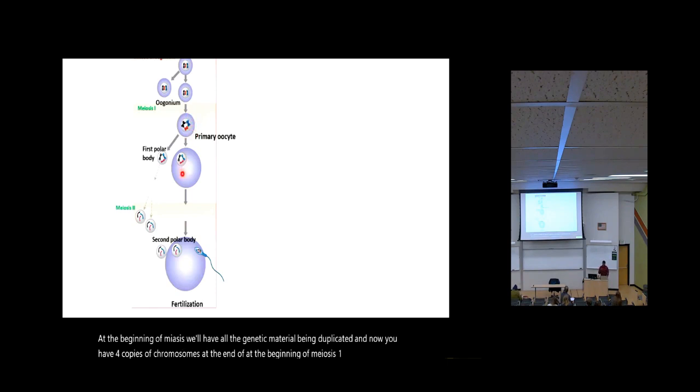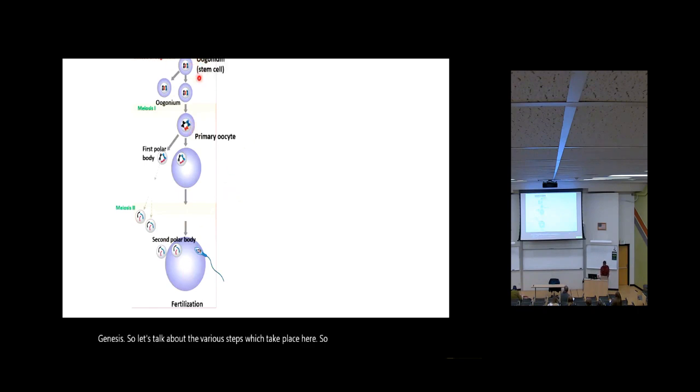But by the end of meiosis 1, half the genetic material will be lost in a first polar body, and then by the time meiosis 2 takes place, another half of the genetic material is lost, and you end up with only 1 copy of the genetic material, and so you end up with only 1 oocyte at the end of oogenesis. So let's talk about the various steps which take place here.